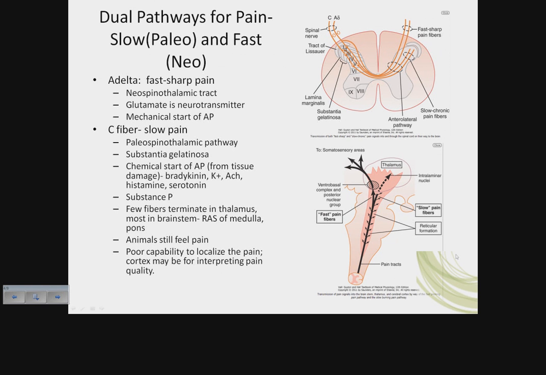So, because of this double system of pain innervation, a sudden pain stimulus often gives a double pain sensation. What do I mean by that? A fast, sharp pain that is transmitted to the brain by the A delta fiber pathway is followed a second or so later by a slow pain that is transmitted by the C fiber pathway.